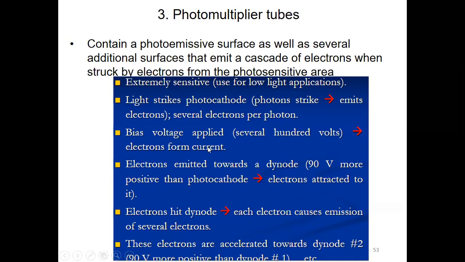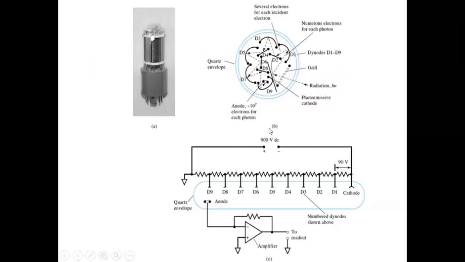So you see here in this figure C, it gave some 900 volt bias voltage to the photomultiplier tube, and in between each dynode, 90 volt increments. So from here to here the voltage is 90, from here to here 90, like that.